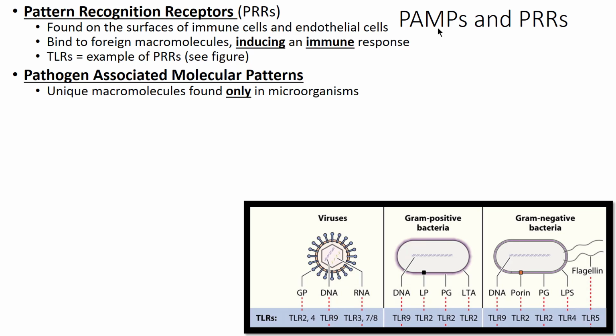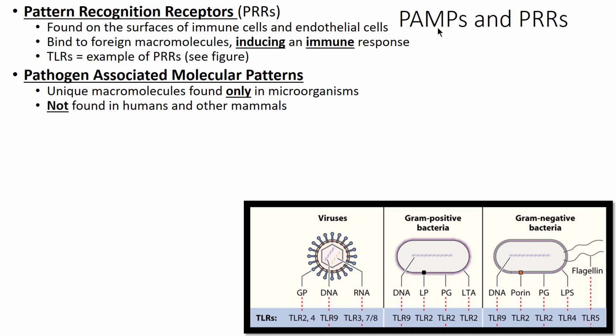The idea is that these are not found in humans, and therefore the body can use these patterns to identify self versus non-self. It's a little harder to say exactly how the body determines self. There is a mechanism for that, by the way, but it's easier, without going into too much detail here, to just say this is how the body determines self.